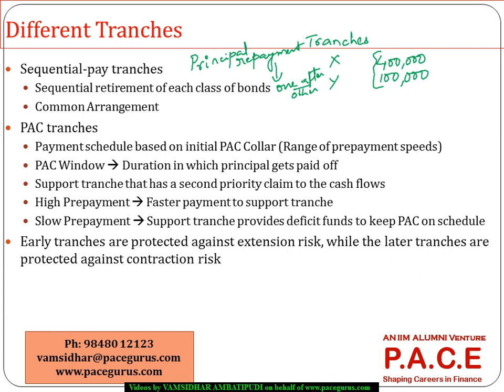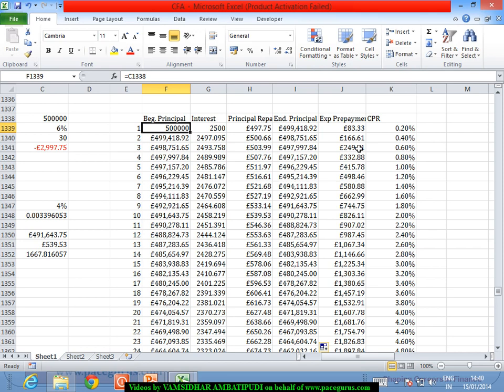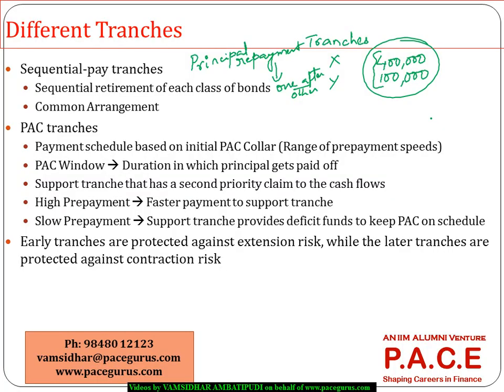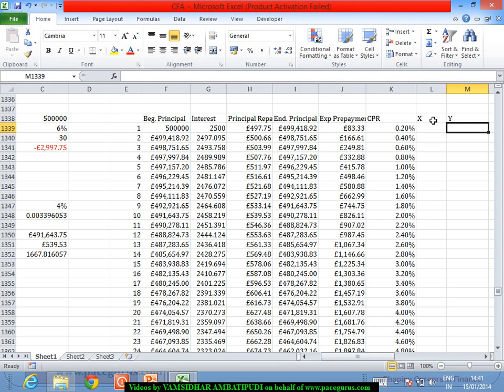So here, if I say I will break it into 400 and 100, what it means is, if I have to put the collections which come to a principal, so the tranche X and tranche Y, the payments that each of these are going to receive, interest wise, the tranche Y will receive the interest on 100,000 constantly.